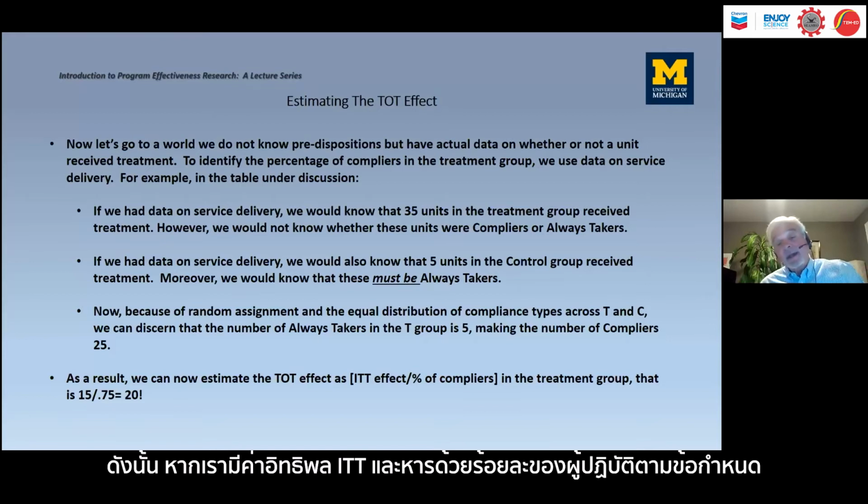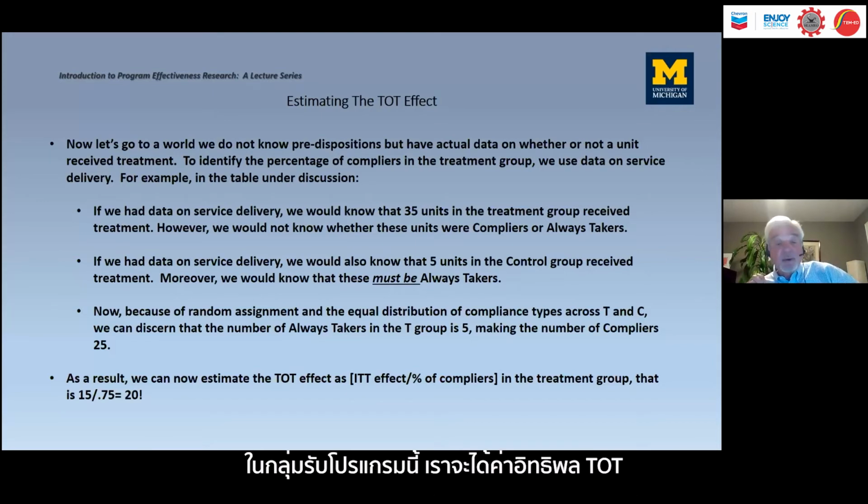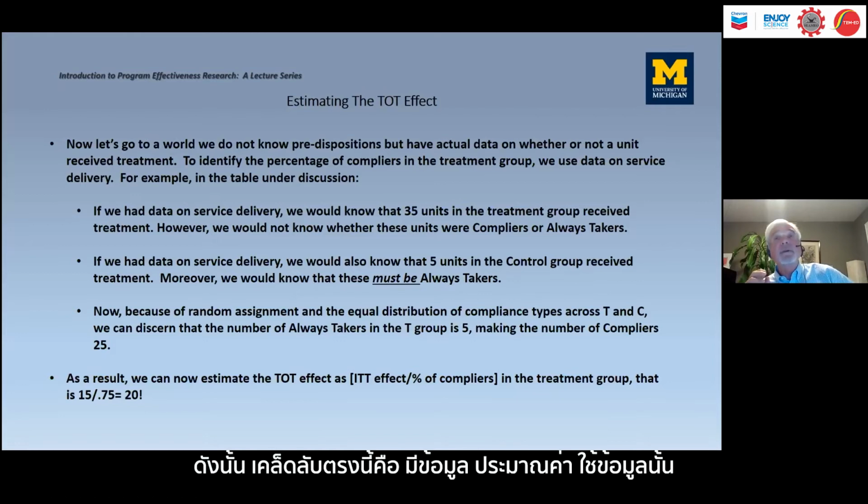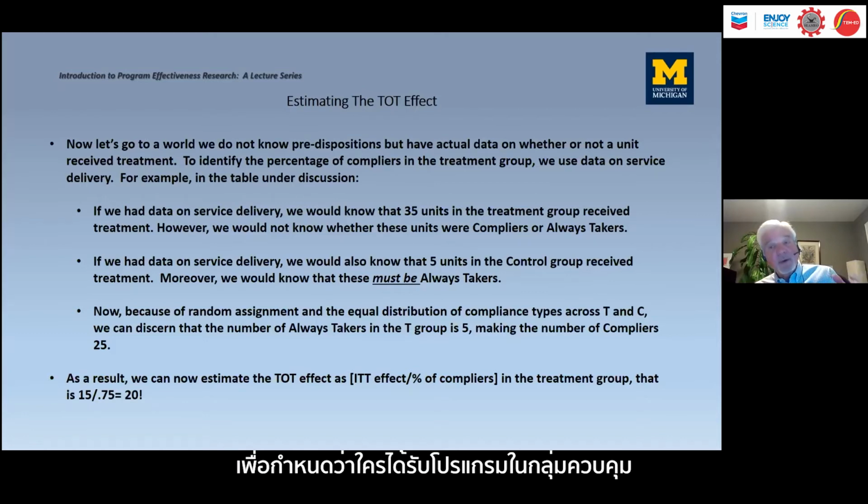So if we had an ITT effect and divided it by this percent of compliers in the treatment group, we would get the TOT effect. In our case, that's 15 divided by 0.75, and it equals 20. So the trick here is to use data to determine who got treatment in the control group and who got treatment in the treatment group.